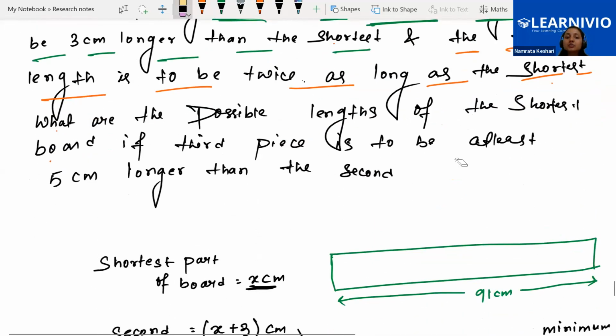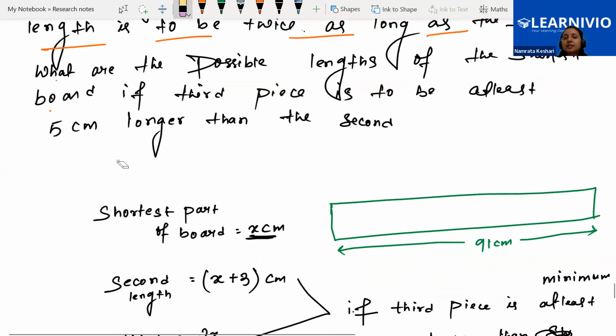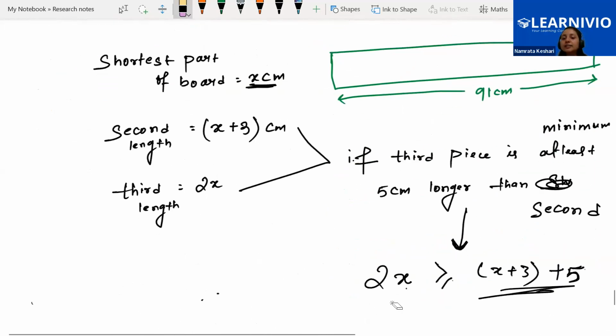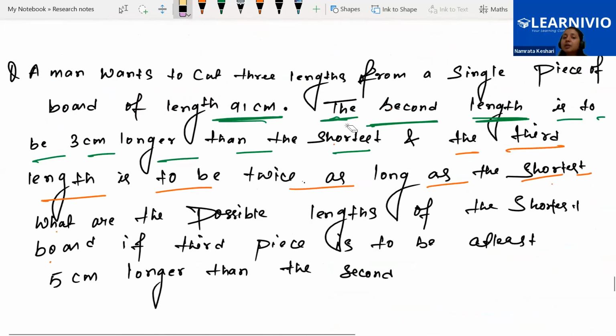If the third piece is to be at least 5 centimeter longer than the second, this scenario is also given over here. One more inequality is there. One inequality we will be framing now.